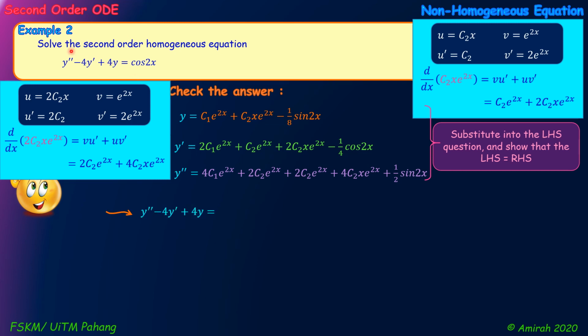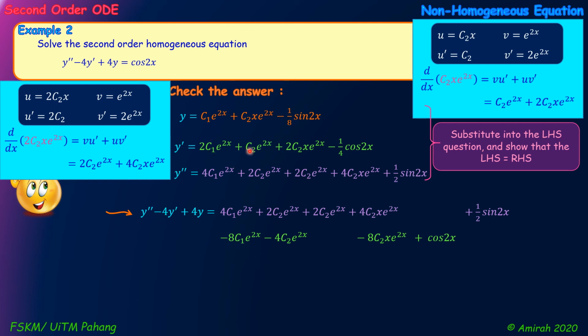Okay, so from left hand side, we have y double prime minus 4y prime plus 4y equals to, alright, y double prime equals to this, the purple color here, and then minus 4y prime. Y prime is the green color here, but now we must multiply by negative 4. So negative 4 times 2, we get negative 8.